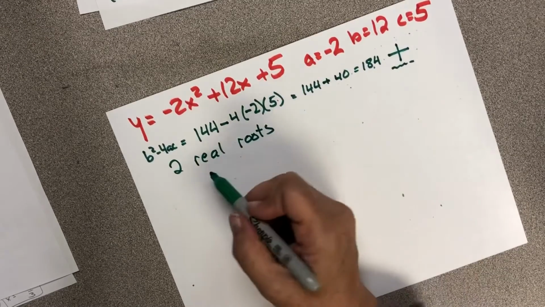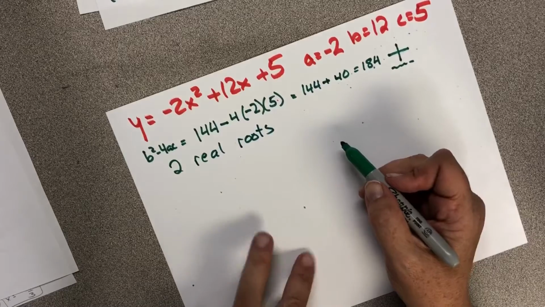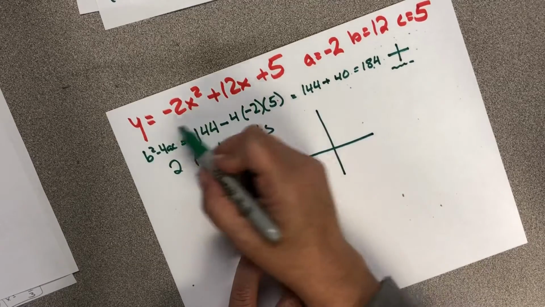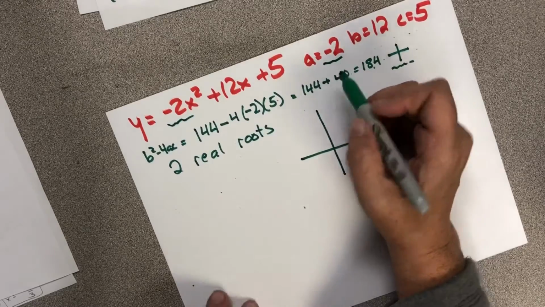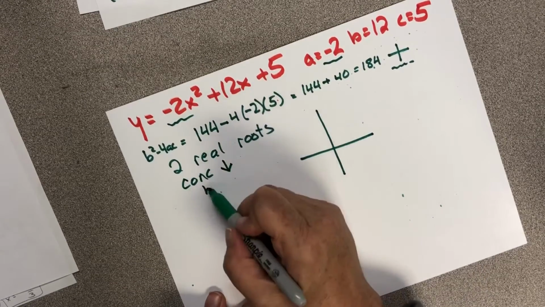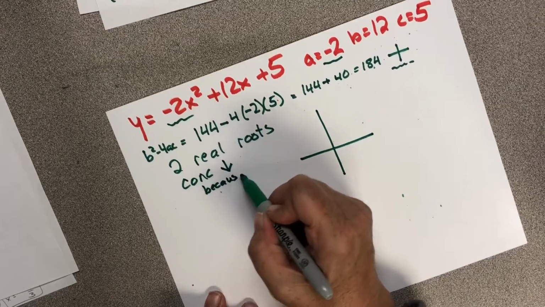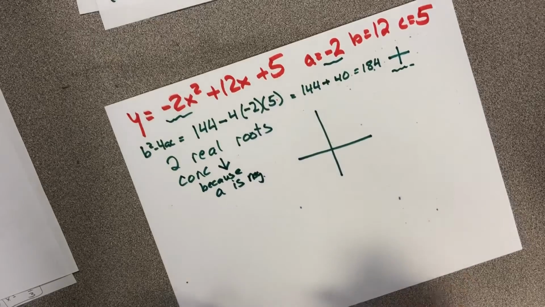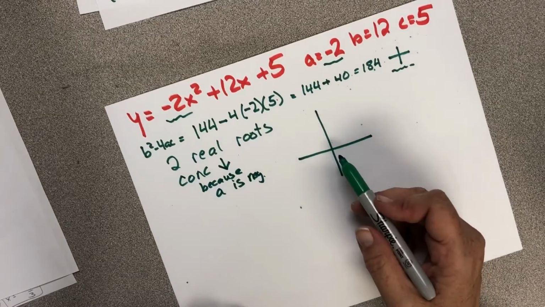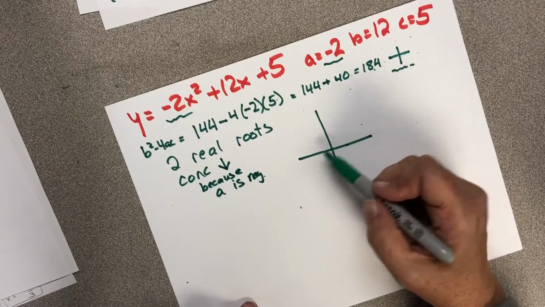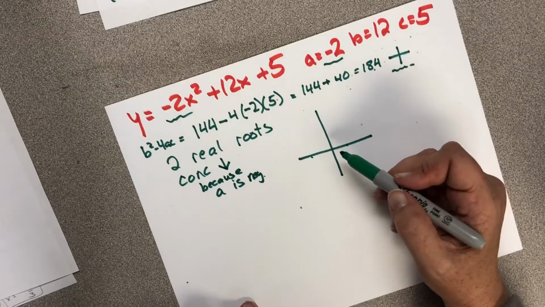And then it says sketch a possible graph. So on our possible graph, we're also going to be concave down because we have negative a. Concave down because a is negative. And so on our graph, we need to show that we're concave down and we have 2 real roots or 2 x-intercepts.